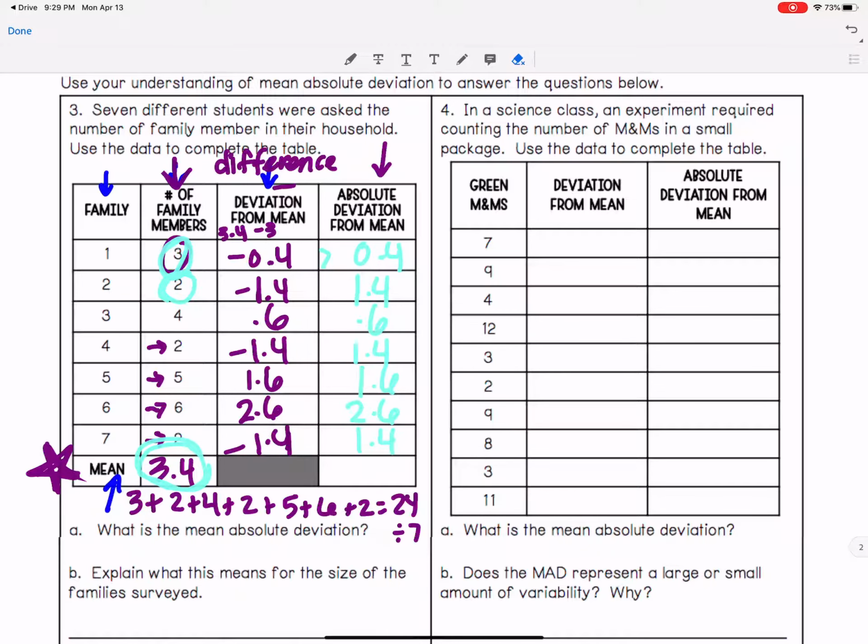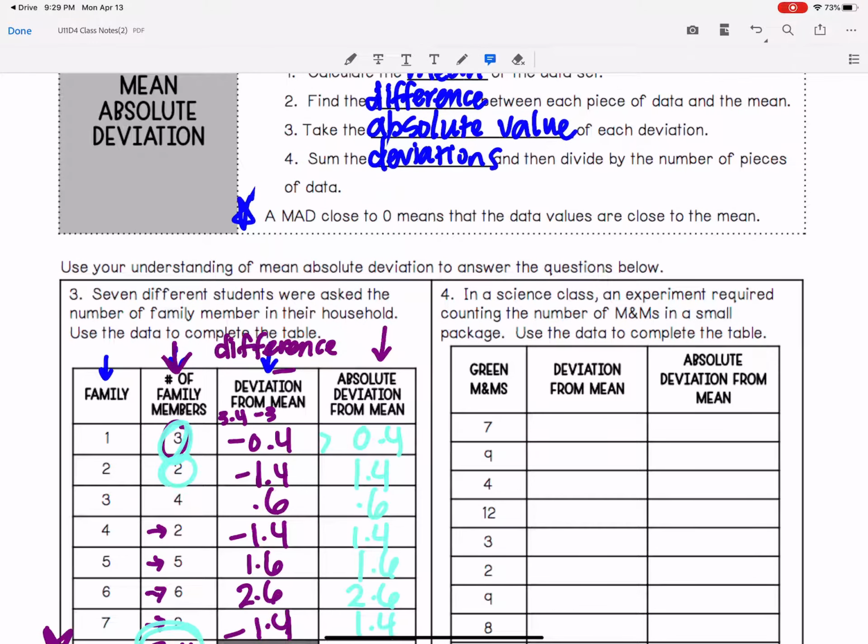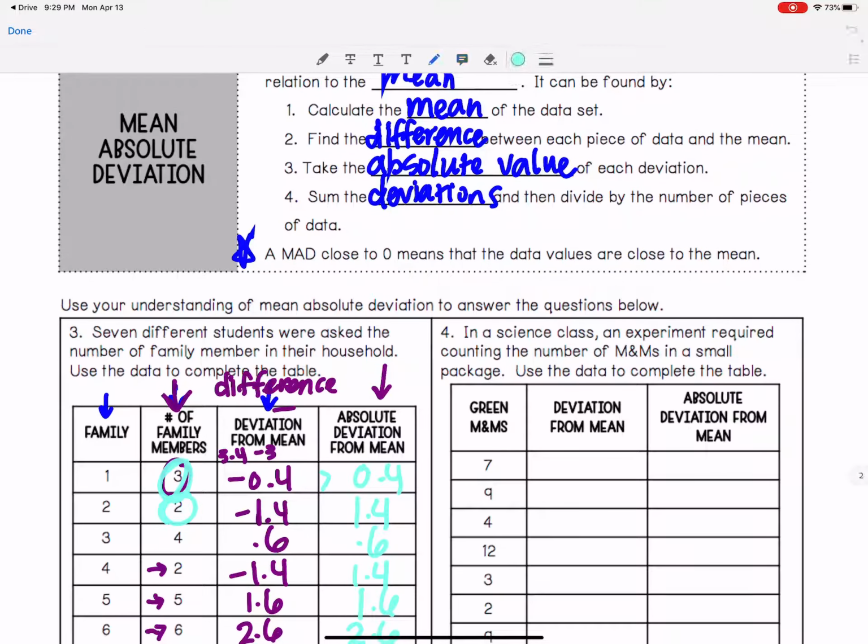Okay, so what is the mean absolute deviation? Now we got to go back up to the top to figure out how we find the mean absolute deviation. It says right here, so we calculated the mean, we found the difference, so we just subtracted, we took the absolute value of each deviation.